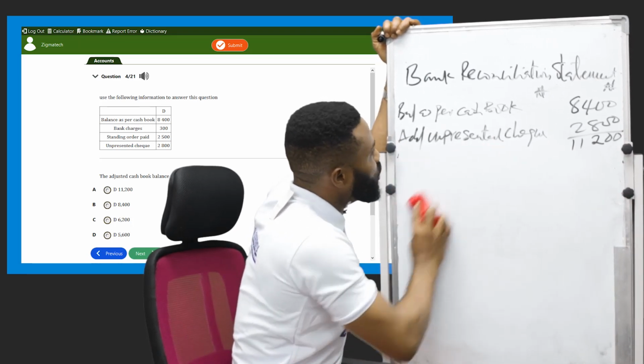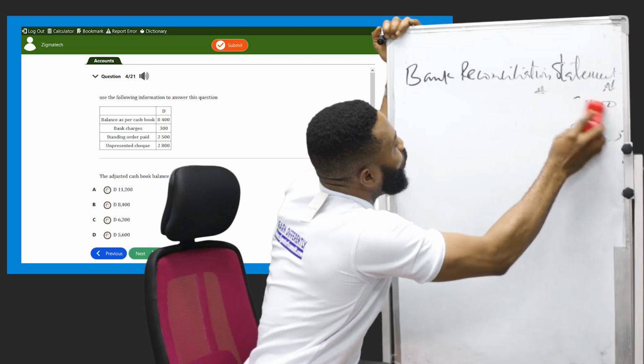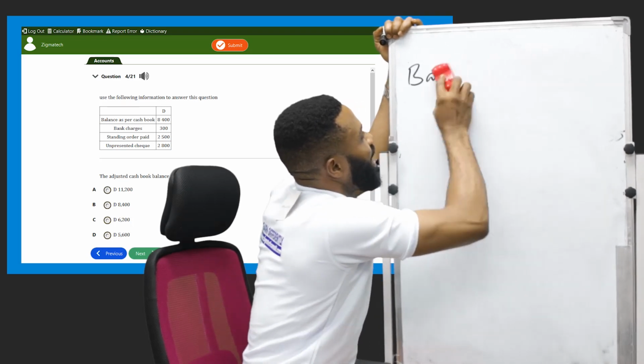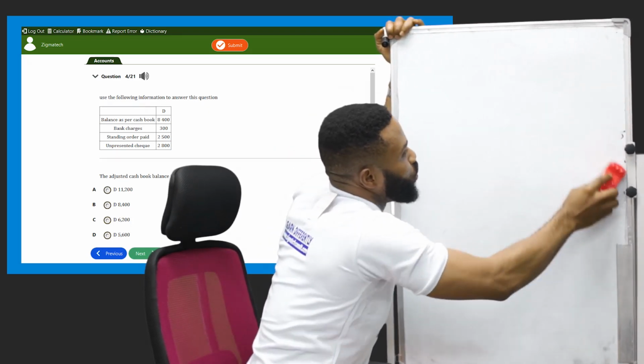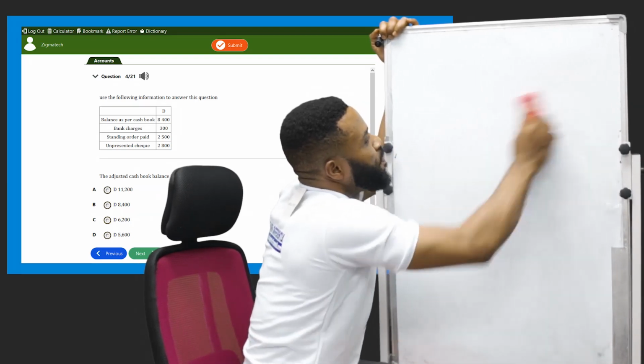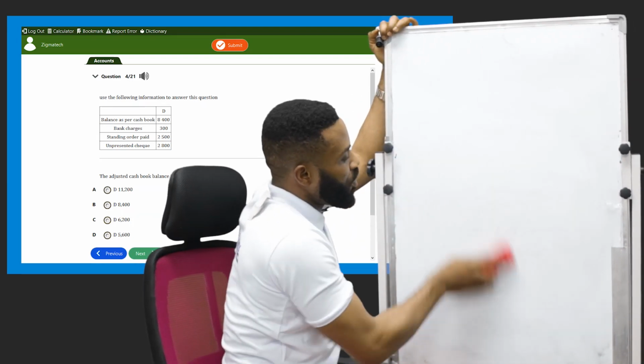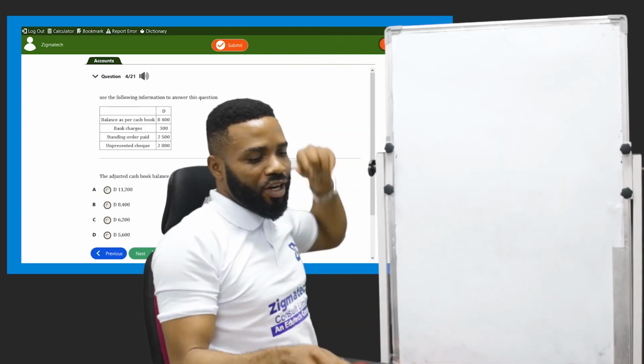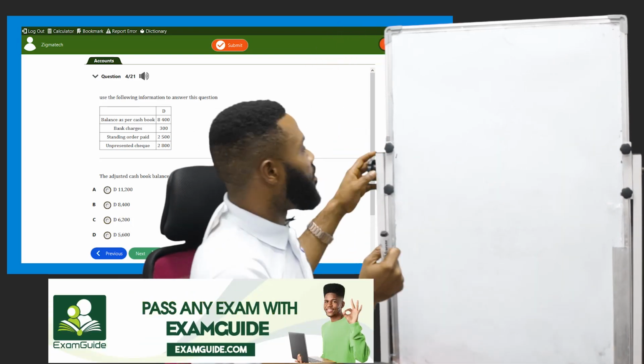Now, when you want to adjust the cash book, remember, what are you adjusting? You are adjusting the cash book. That's method 2 that I mentioned earlier. But let me just throw some light on it before we look at the next example.